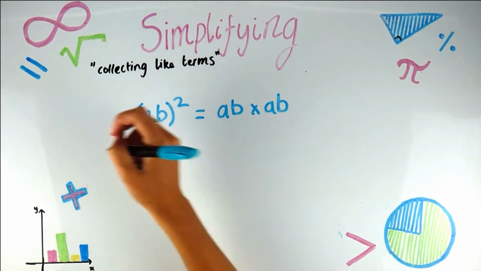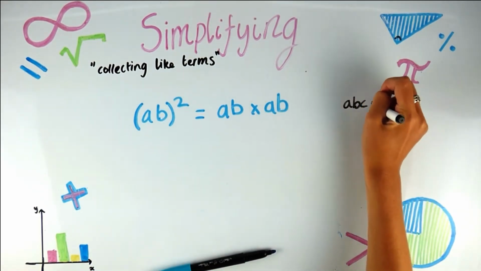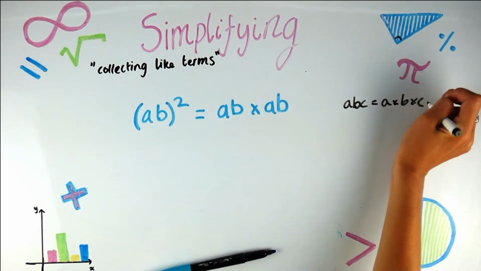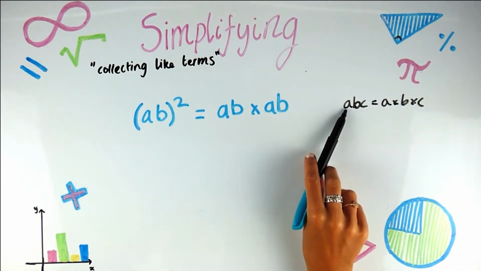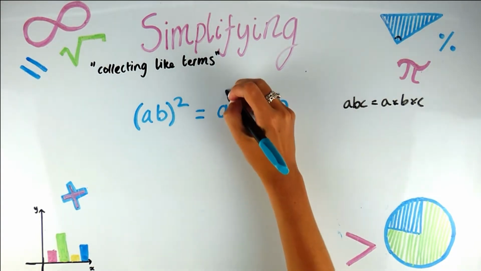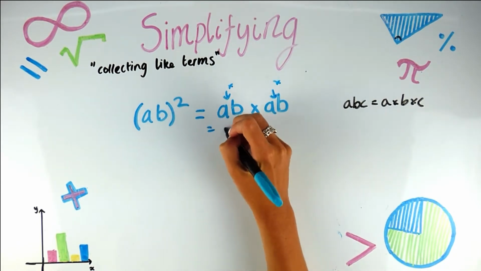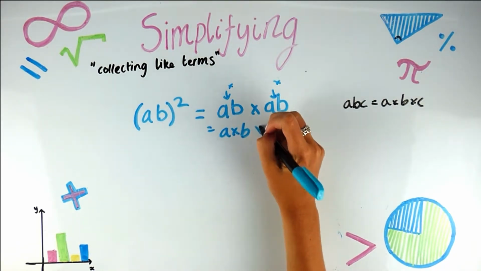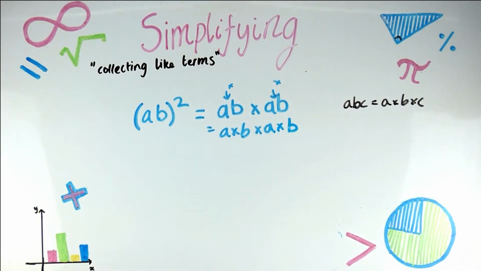But we know before from, I wrote this one at the side actually, ABC equals A times B times C. We know using this fact here that if they're next to each other there's a mini multiplication. So this then becomes A multiplied by B multiplied by A multiplied by B. So that'd be one way of writing that. All means the same thing.